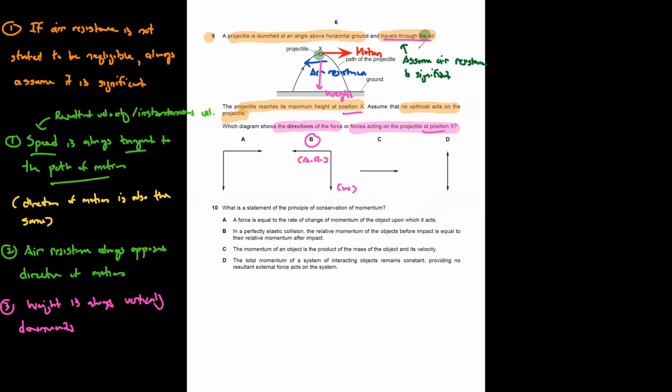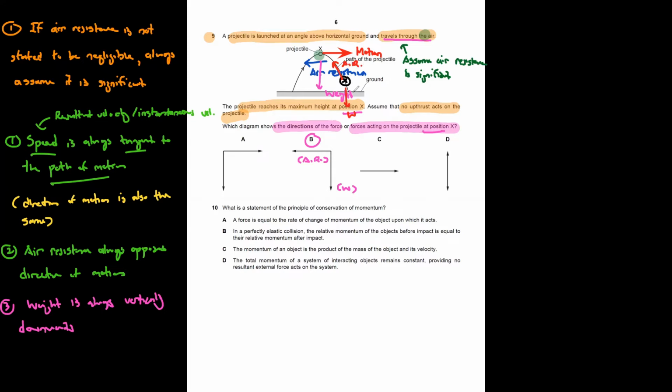So pretty straightforward. But let's just say the question changes a little and they ask you what's the direction of forces acting at this point. If you're asked about the direction of forces acting at this point, your weight will still be downwards, but your air resistance will be tangent to the curve, but upwards. This one will be the direction of your air resistance.